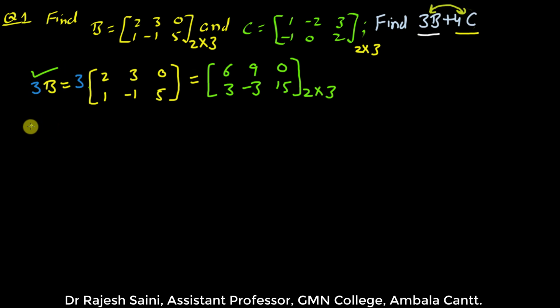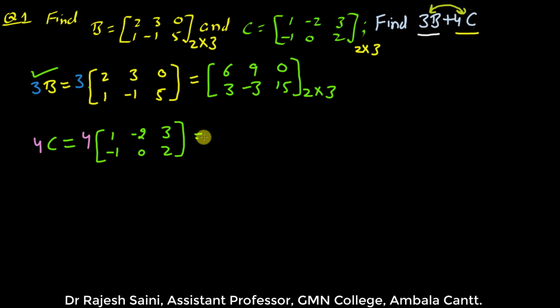Now we will see what is 4C. For that we write here 4 and here C. This is 2 by 3: 1, minus 2, 3, minus 1, 0, 2.